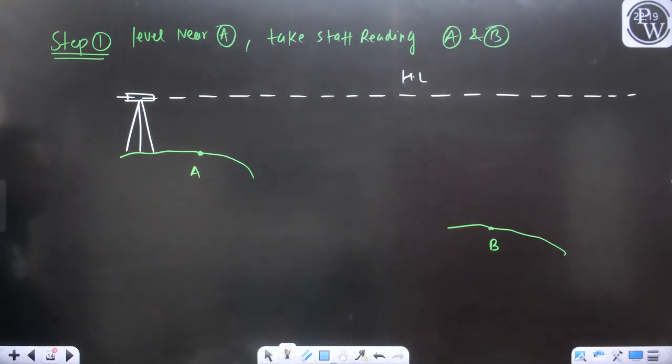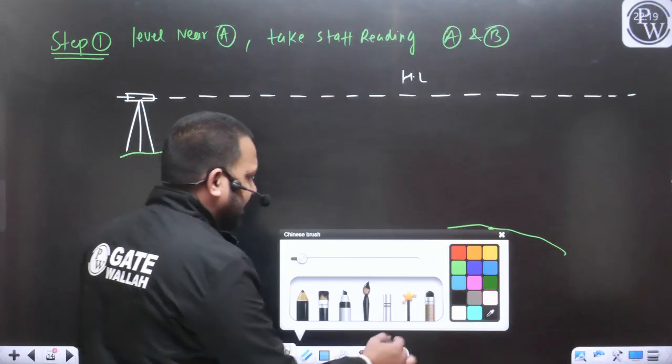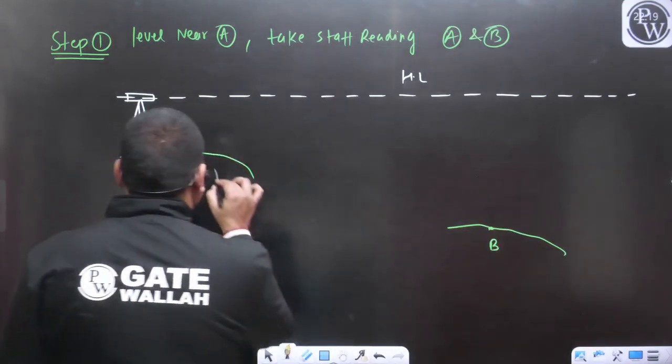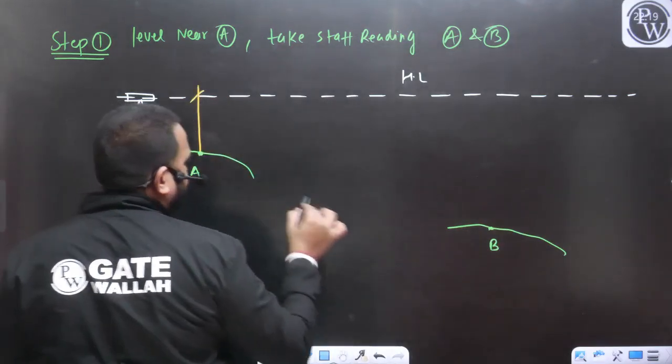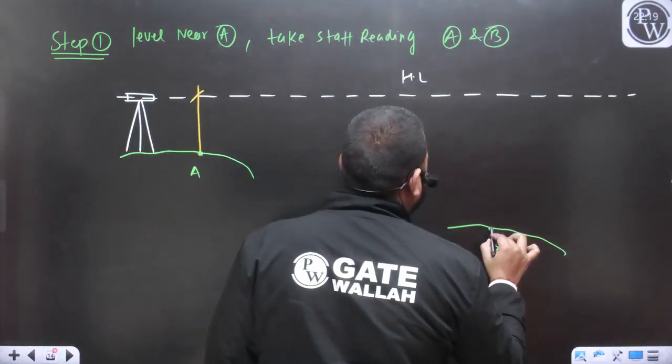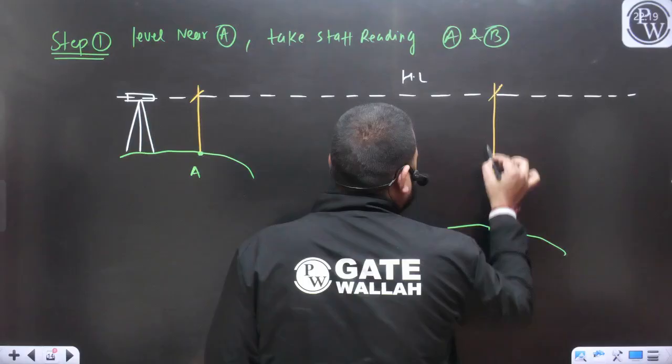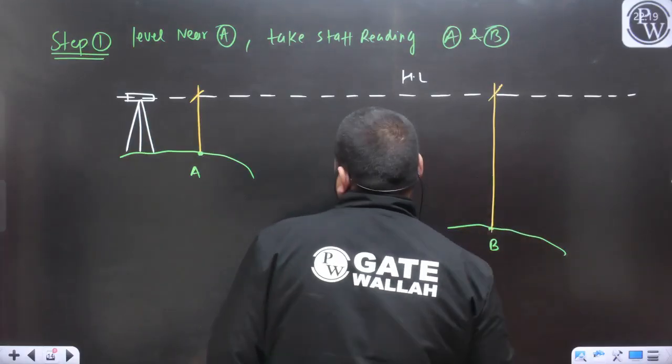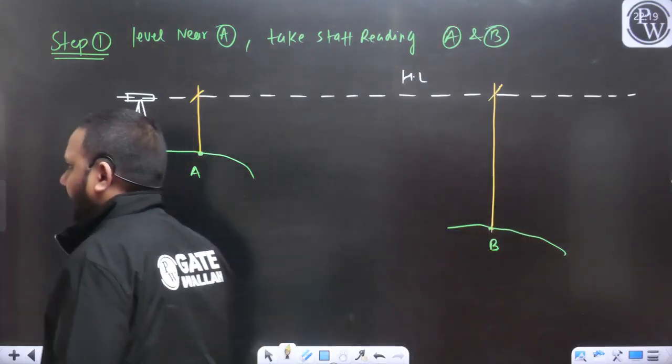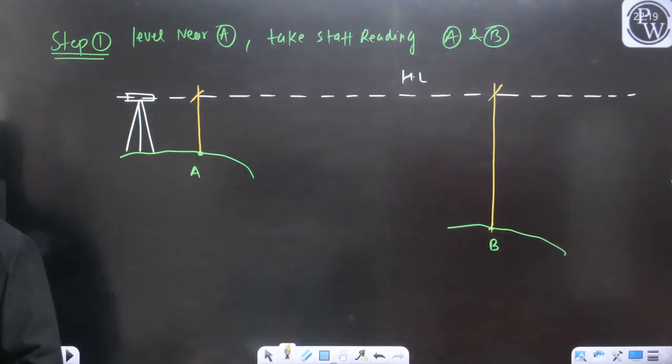Now what I will do is take the staff reading at point A and at point B.